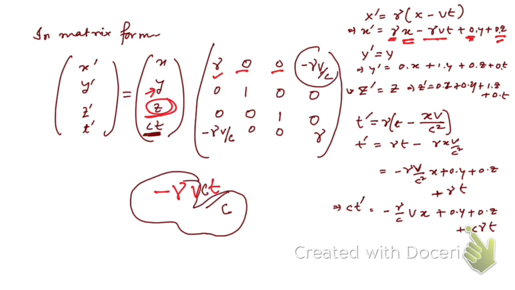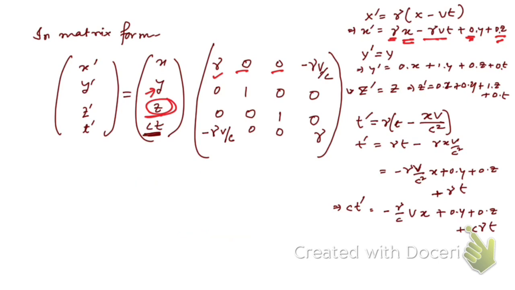That's why I have put here minus gamma v by c. So hope you have understood this. Similarly, just wait, let me clean these things, just give me a second. Okay, so here you can see how we have written the next row.